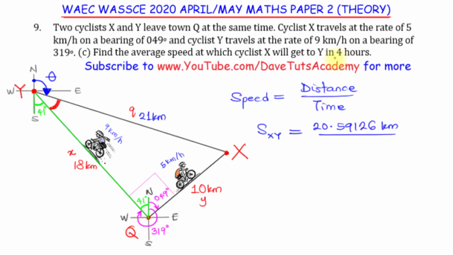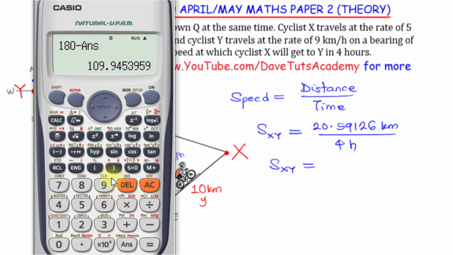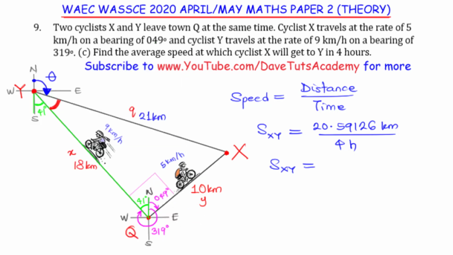But now, what's the time that we are looking at? The time that is given is now 4 hours. So the speed that X will need to take to get to Y will be 20.59126 divided by 4. So we can bring in our calculator to say we have 20.59126 divided by 4, and that is 5.1478, but now it will be kilometers per hour.